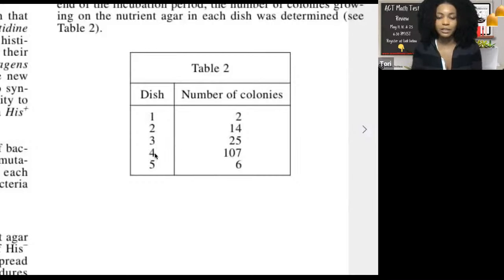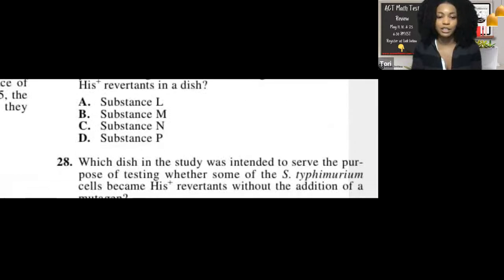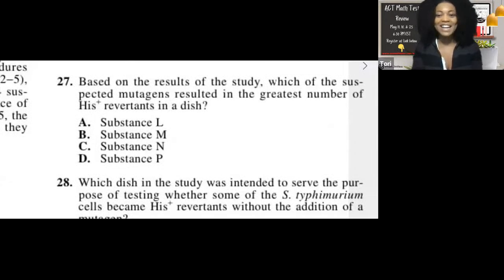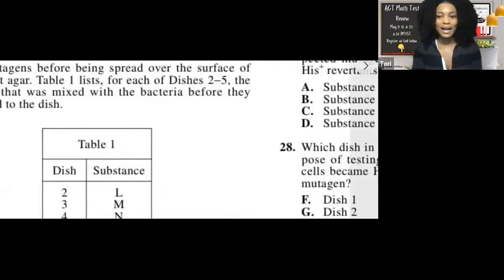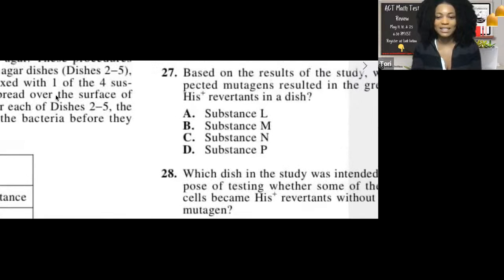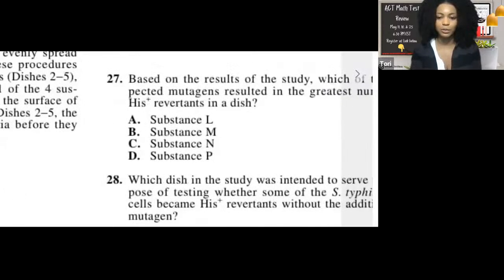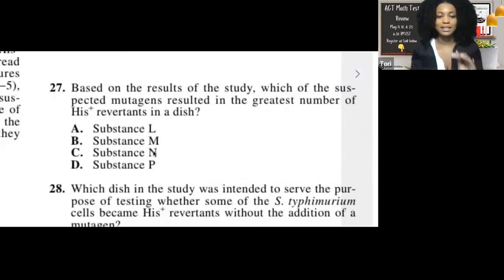That's dish 4. But if you look back here, the questions are not asking you which dish, it's asking which substance. So we do need to go back over to the table, and it was dish 4, and dish 4 is substance N. Okay, so substance N is the one that had, let me say it in the correct words that they use, dish or substance N resulted in the greatest number of His plus revertants in a dish.